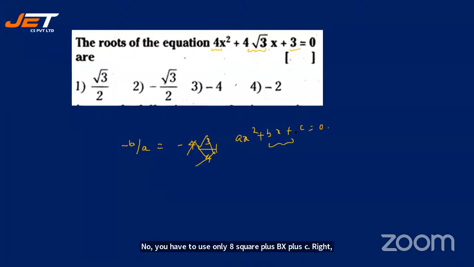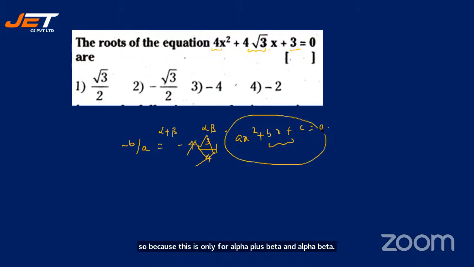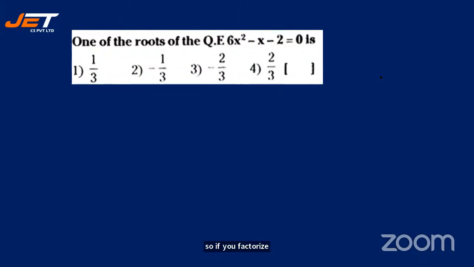You will get 2 roots and tell me what root that is. All right. So this is only for alpha plus beta and alpha beta. But here the question is roots of the equation. So you need to factorize this equation and then give me the solution. All right. So if you factorize it, you will get 2 roots and one among the roots is minus root 3 by 2. All right, students. So let's move on to the next question.